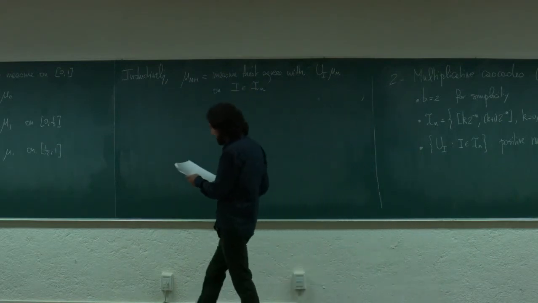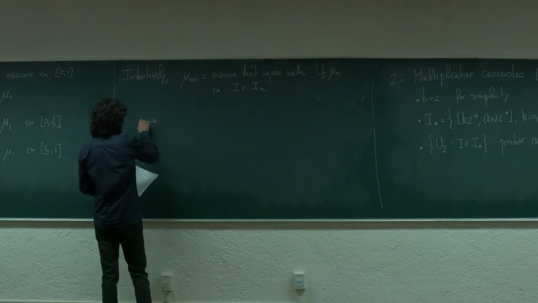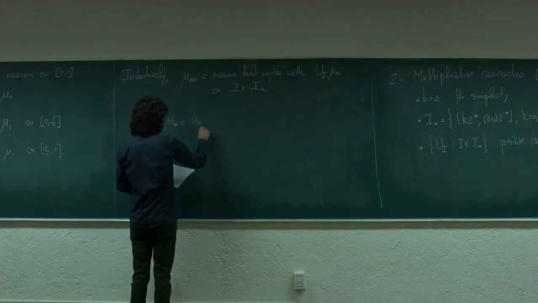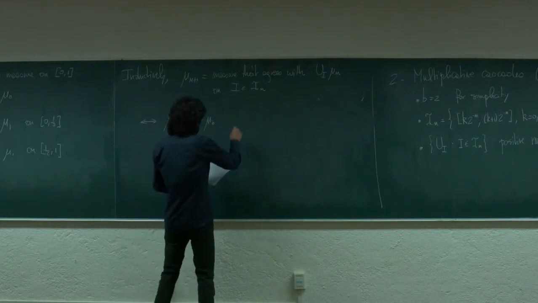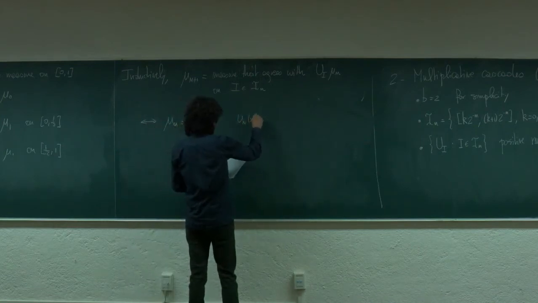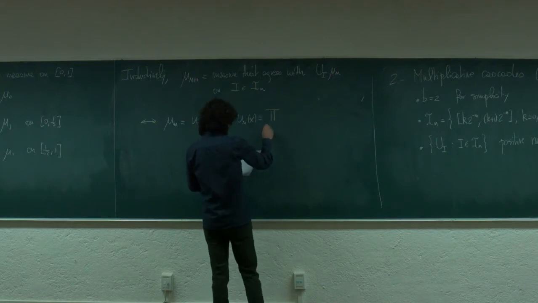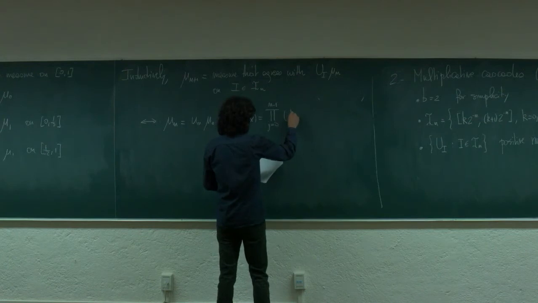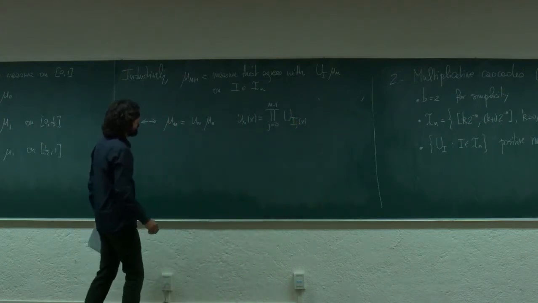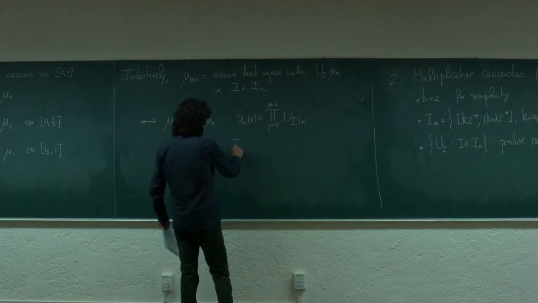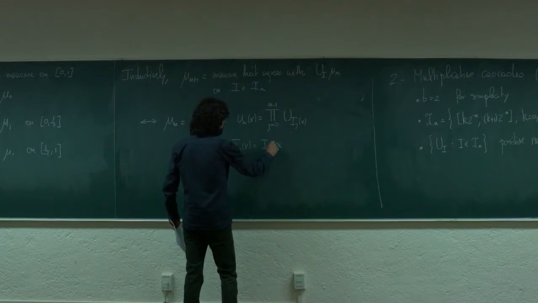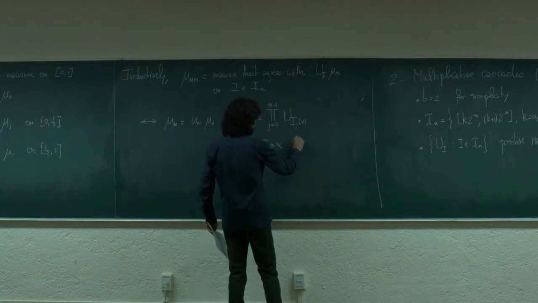So equivalently, you can write the density of this measure, so call it U_n, where U_n(x) is just a product of these random variables, where I_n(x) is just the interval I that contains x.